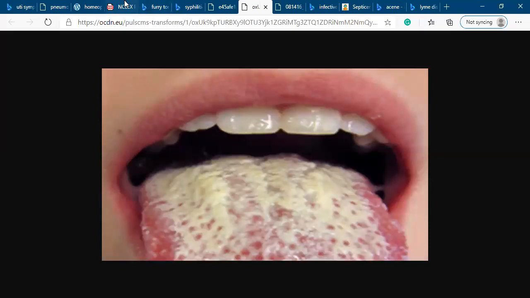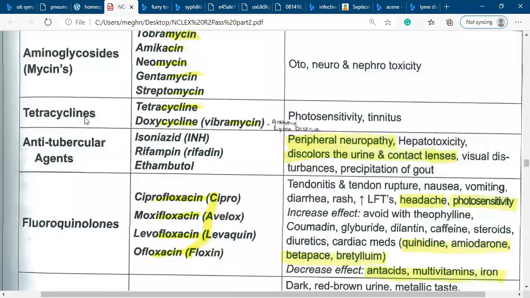In case of tetracycline, what we have to know for the NCLEX board exam: there are two medications used as tetracyclines, one is tetracycline, the other is doxycycline.